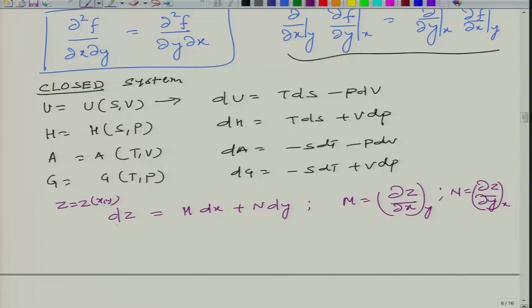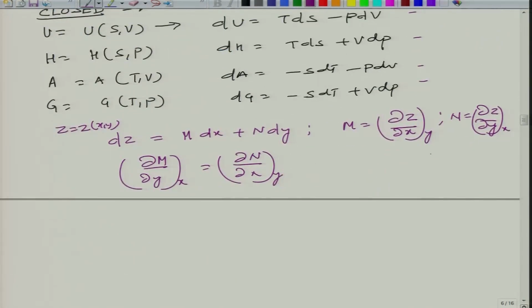Now, based on this exercise, what I can write is the following: del M by del y at constant x is nothing but del N by del x at constant y. This is the same expression which is here. Now apply this equality on these four different thermodynamic relations.